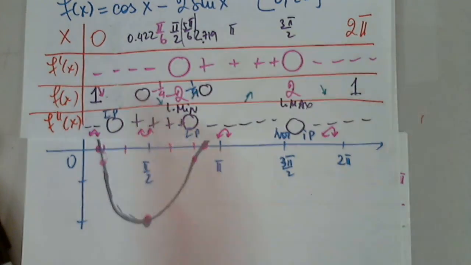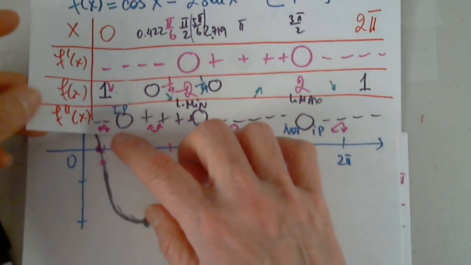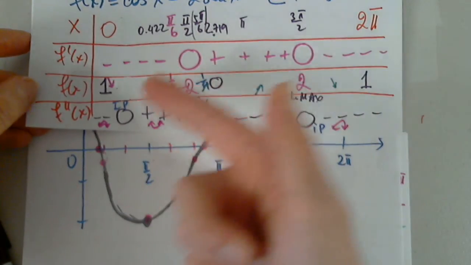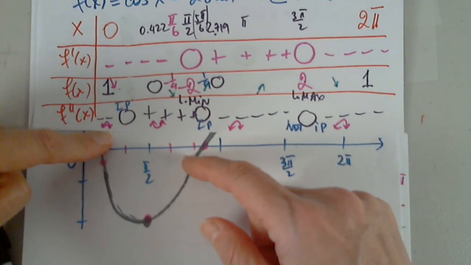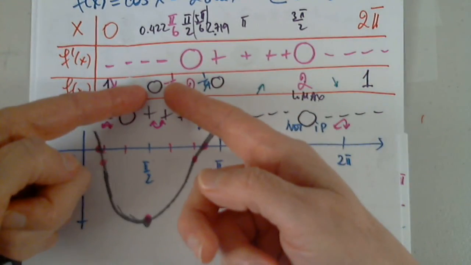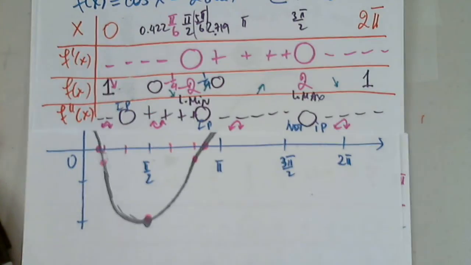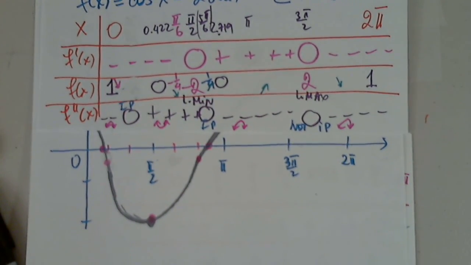And they have to be in the correct order. I realized immediately that something went wrong. How can I have from 1 jump to a negative value without having an x-intercept? The function is continuous. So I said, uh-oh, I did something. And rightfully so, I put pi over 6 before 0.42, which is incorrect. Pi over 6 is beyond 0.42.